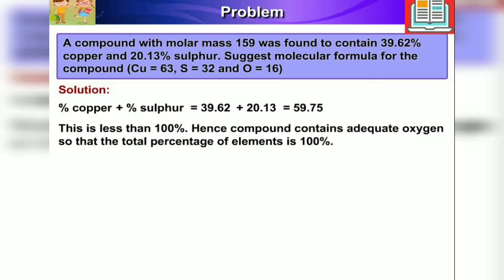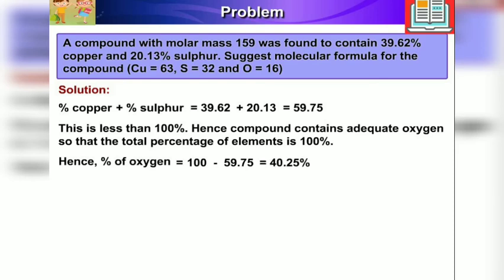This is less than 100%. Hence, the compound contains oxygen, so that the total percentage of elements is 100%. Hence, percent of oxygen equals 100 minus 59.75 equals 40.25%.